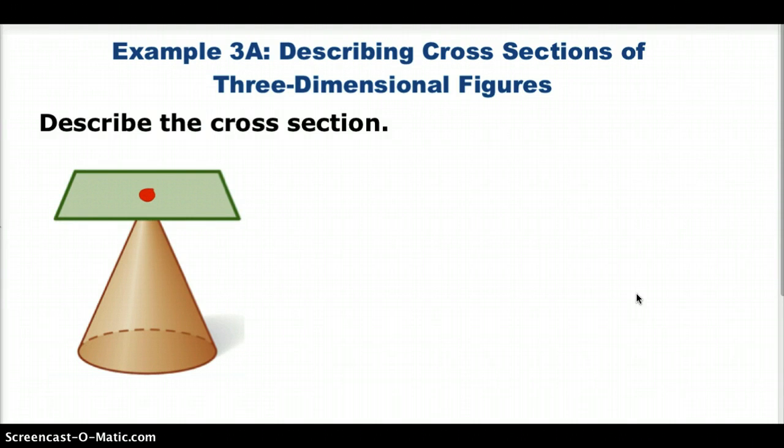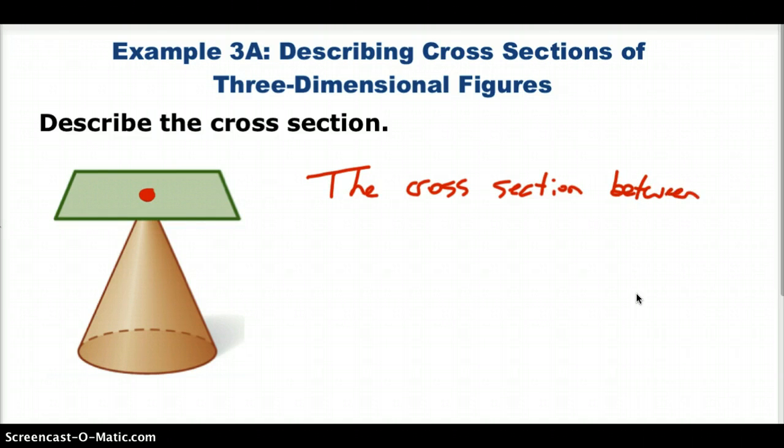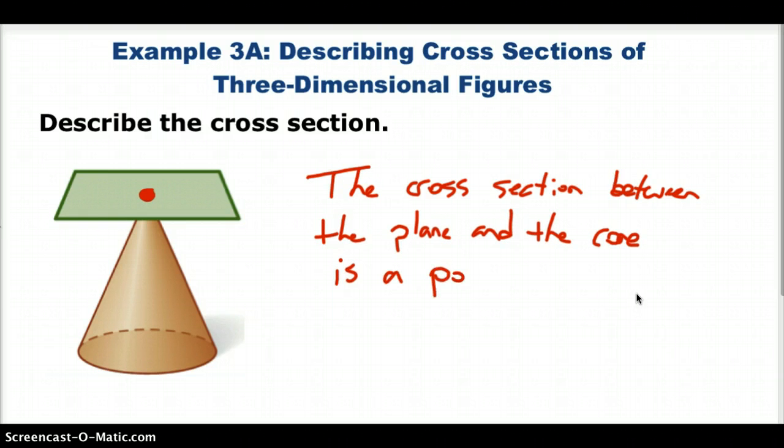So I would say something like the cross section between the plane and the cone is a point. It's just they're only hitting at that one point there, so really that's the shape of the cross section. Okay, let's look at another example here.